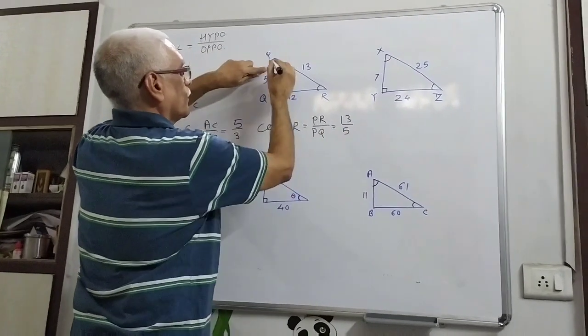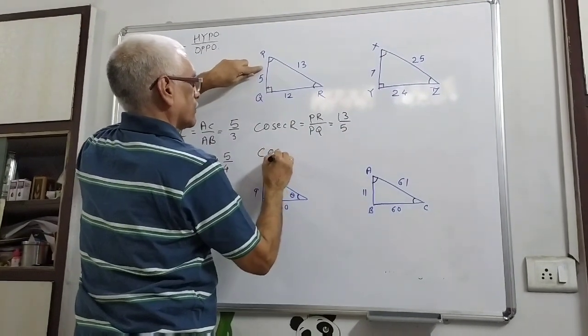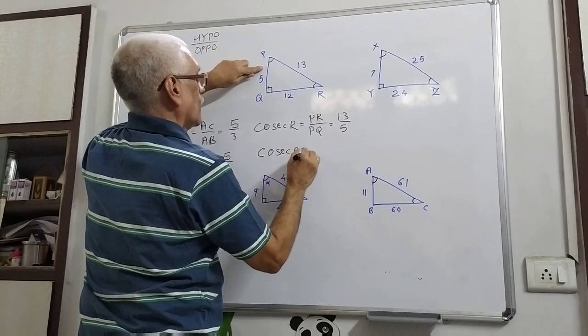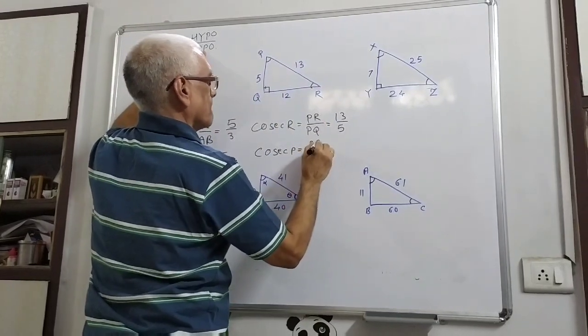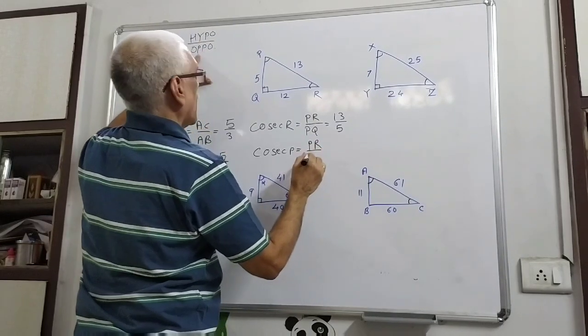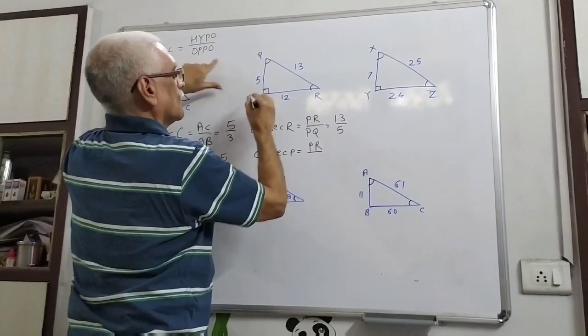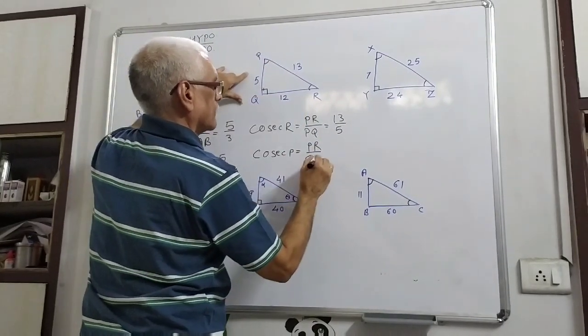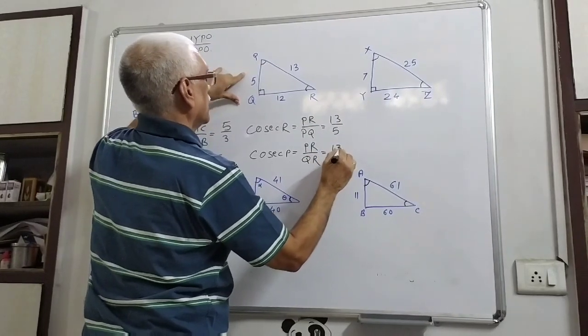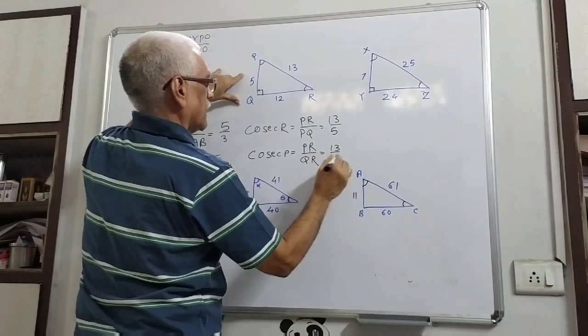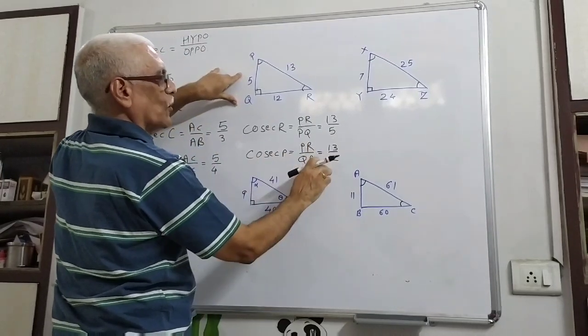If we want cosec of P, hypotenuse in this triangle is PR upon the opposite side, opposite to P will be QR. So PR is 13 and QR is 12. Therefore, cosec of P will be 13 upon 12.